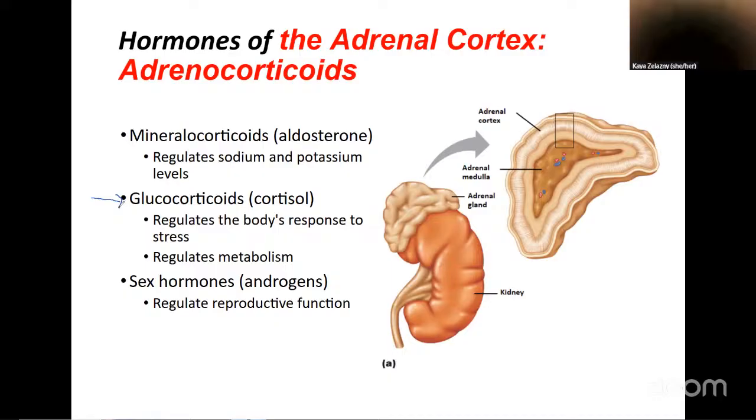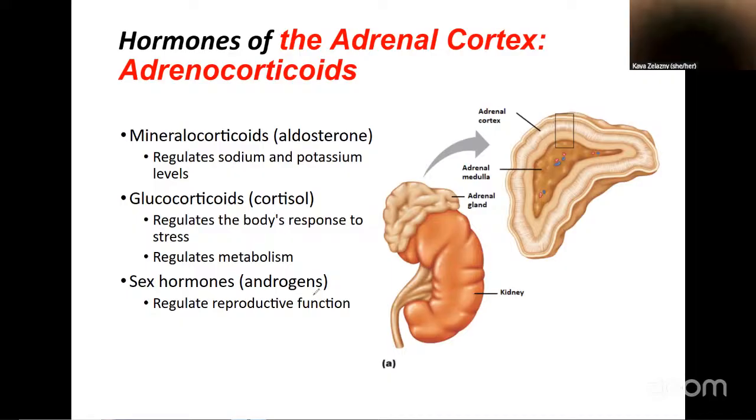So glucocorticoids, which is cortisol, are going to be regulating the body's response to stress, and they're going to be regulating metabolism right along with that. So that's what we're going to be thinking about as our primary interest in the adrenal cortex for this unit. But we're not done with hormones coming from the adrenal gland yet.